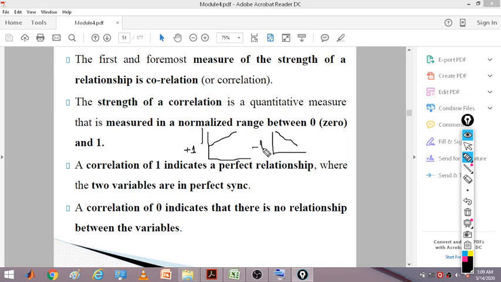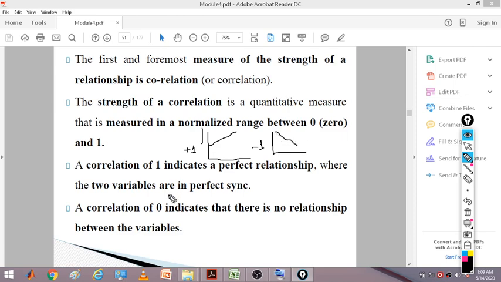This is linear, and this is also linear. Here the variables x and y are related in a positive manner, growing linearly, and here also x and y are related linearly, but in a reverse or inverse direction.